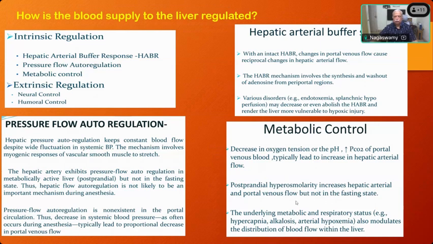Okay? So you have to follow the current guidelines of fasting and keep them taking something so that this fasting will not decrease the blood flow even before surgery is started. And the underlying metabolic and respiratory causes also modulate the distribution of flow within the liver.